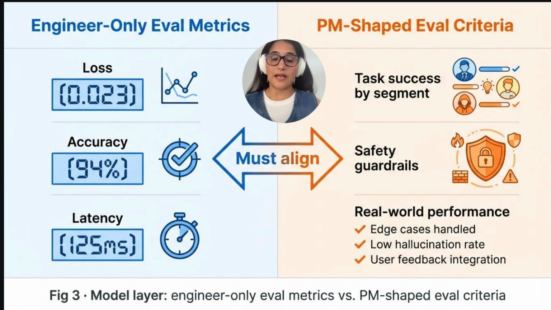Without a PM position on them, the default is whatever the ML team is comfortable with, which may or may not be what users can accept. The model layer is where I have seen the most PM abdication, and it's usually framed as trusting the experts. Trusting the experts to implement is correct, but letting the experts define product behavior by default, now that's what I call a gap.